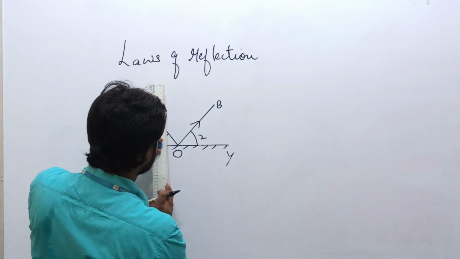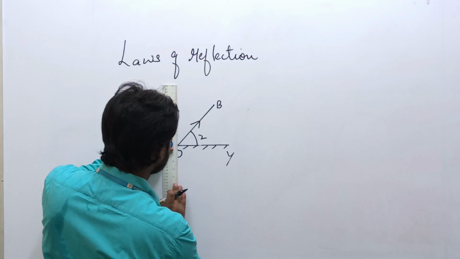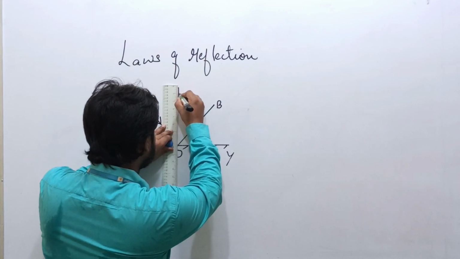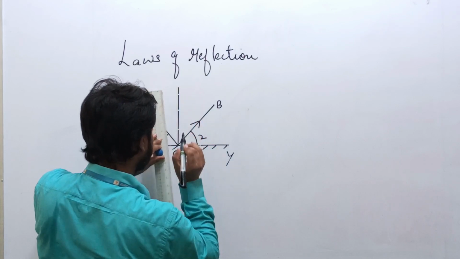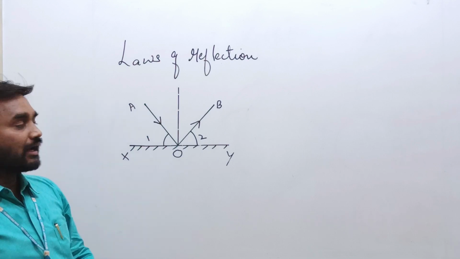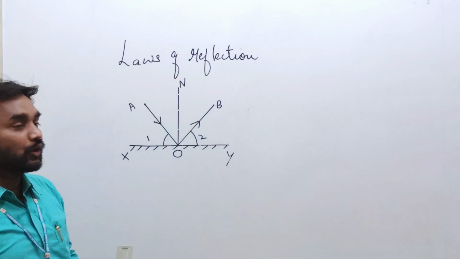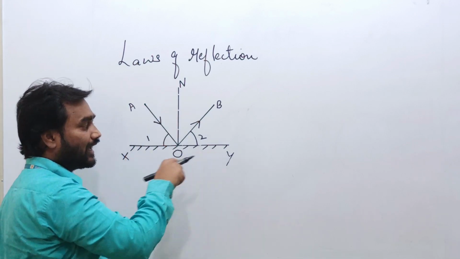Now what I am going to do is draw a normal, means a perpendicular line. This is the normal, let me name it as N. NO is normal to XY.